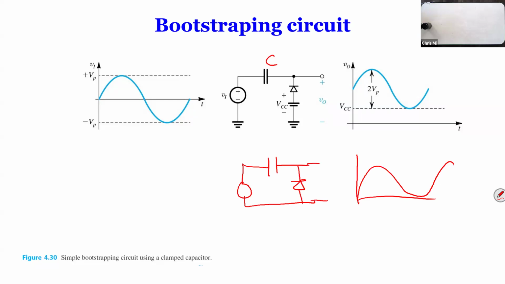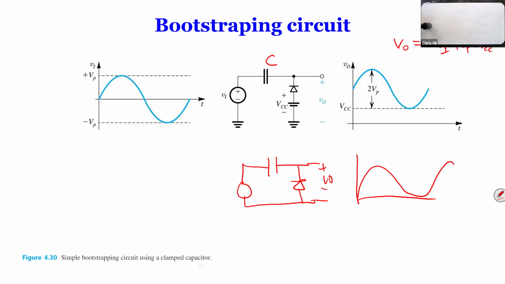But when you add a voltage, see what happens. At the output, VO is no longer just VI, but actually VI plus VP, or they call it 2 VP, plus VCC.